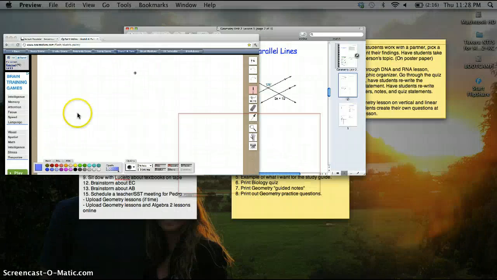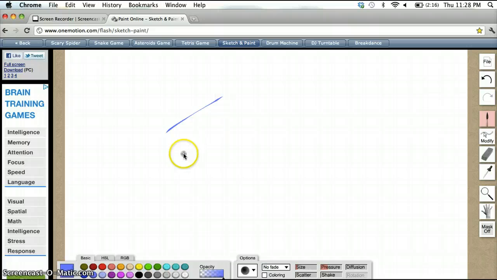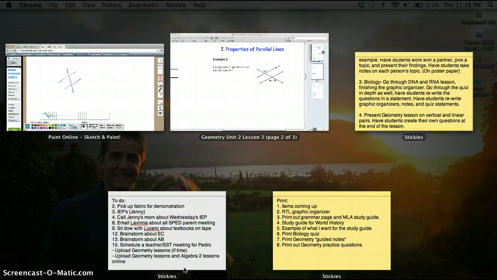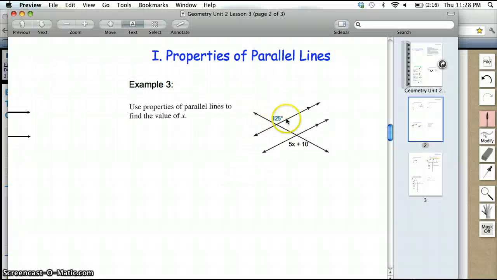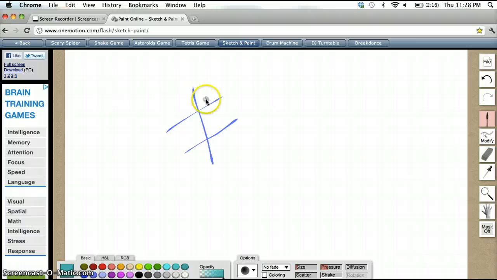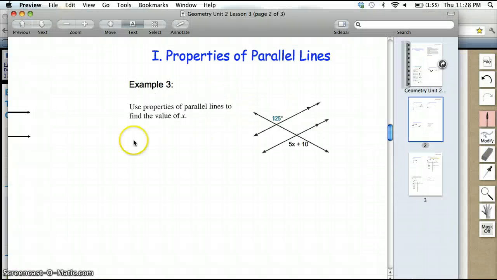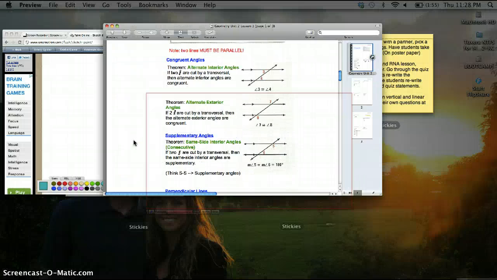We've got 125 degrees up here, and down here we've got 5x plus 25 degrees.